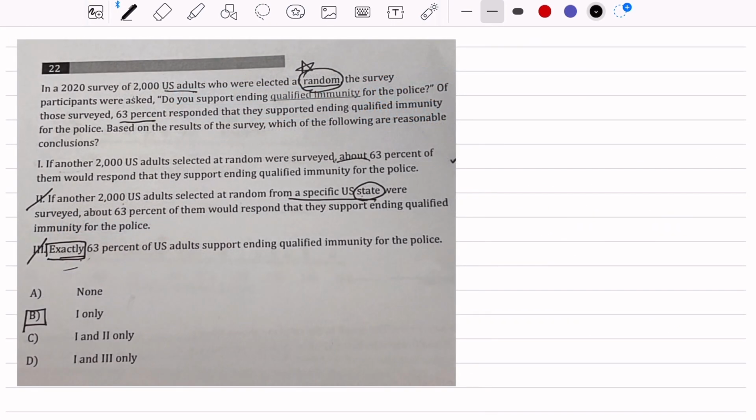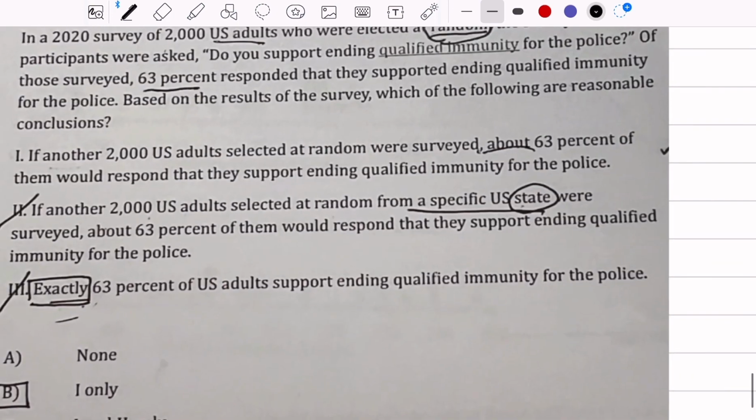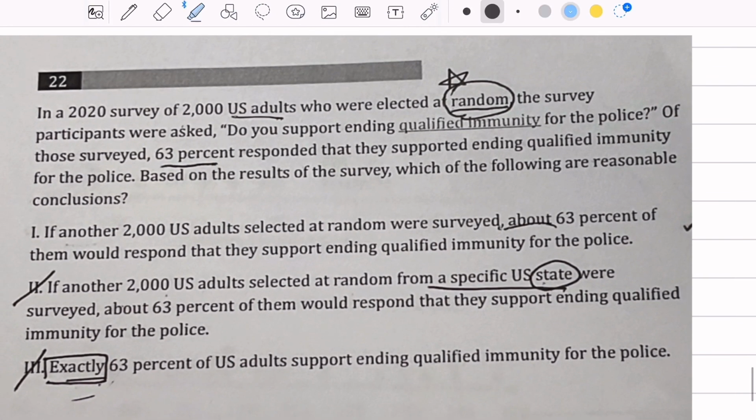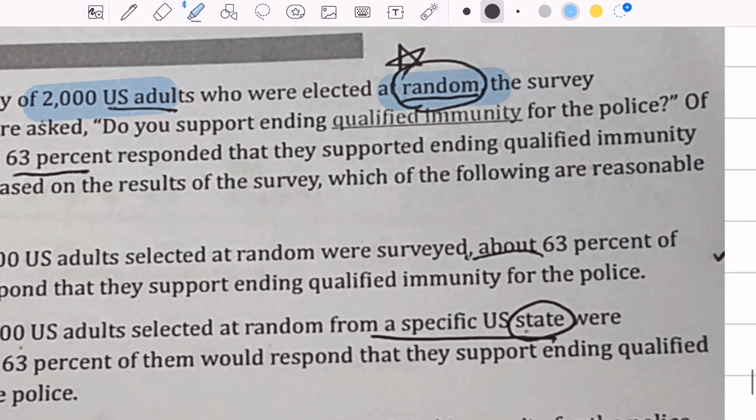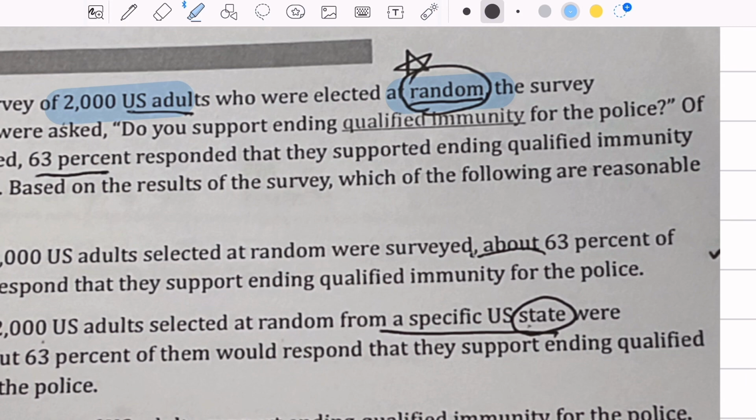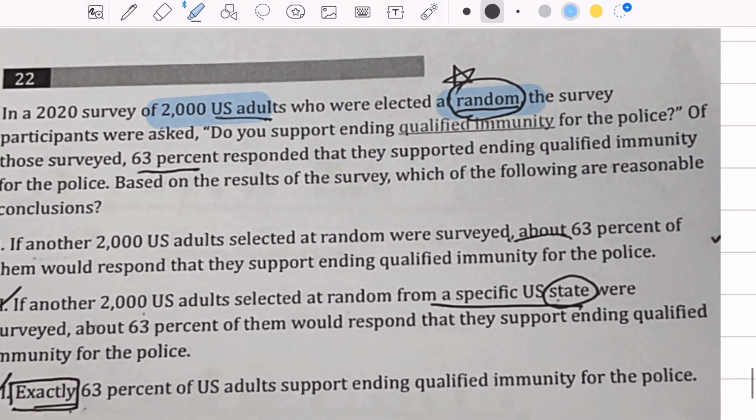The last question of the lecture is number 22, and it says, in a 2020 survey of 2,000 US adults who were selected at random, the survey participants were asked, do you support ending qualified immunity for the police?